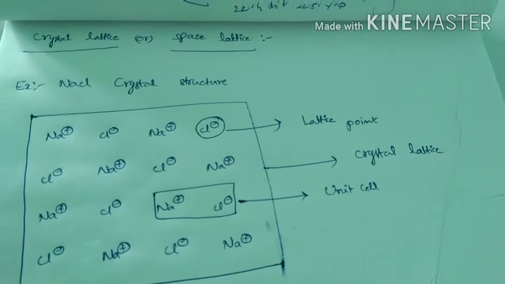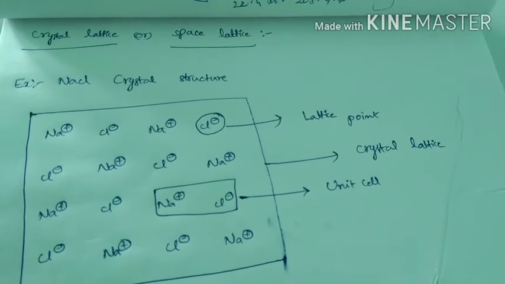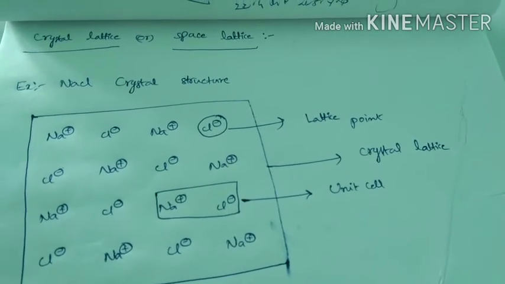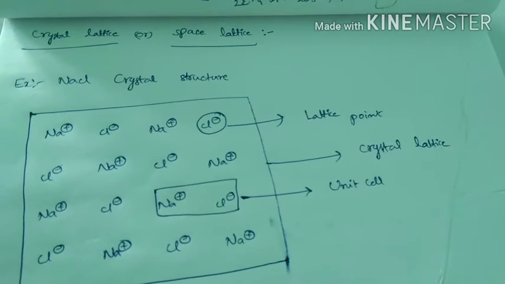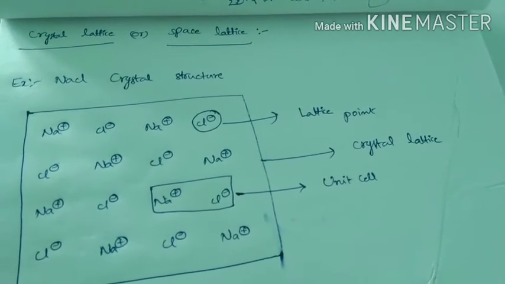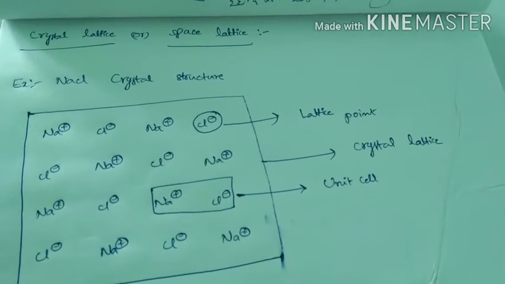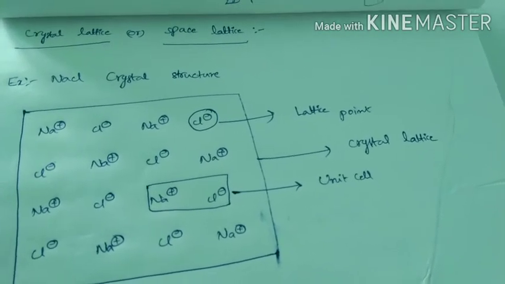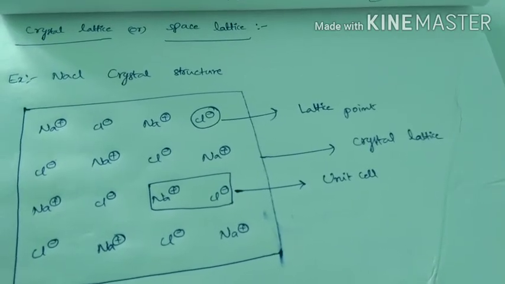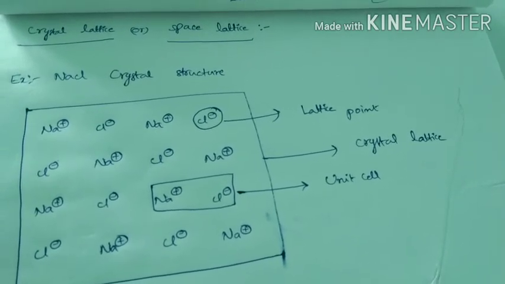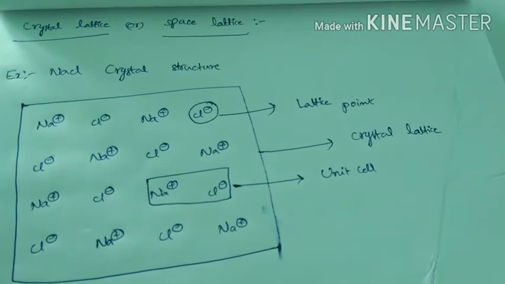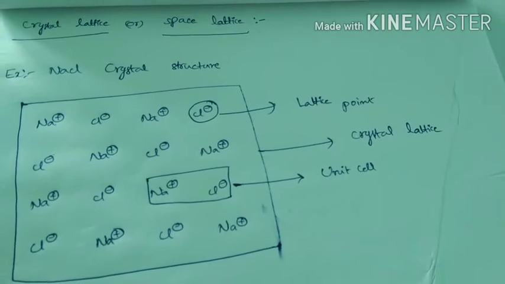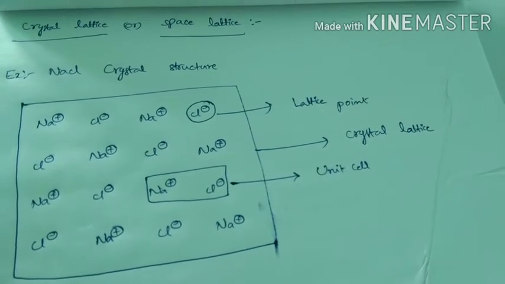This is the next topic, that is crystal lattice or space lattice. Before that, I will discuss one point regarding metallic solids, a type of crystalline solids. The point is, all metallic solids have luster property. Luster means shining, because of the presence of free electrons. That means when light falls on the metal surface, it gets reflected because free electrons are present.